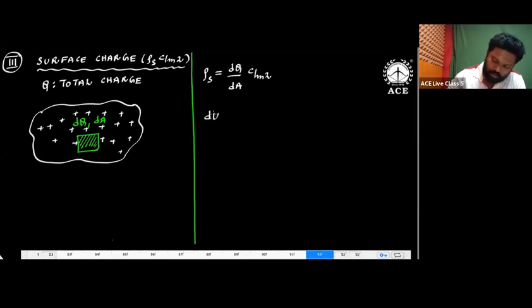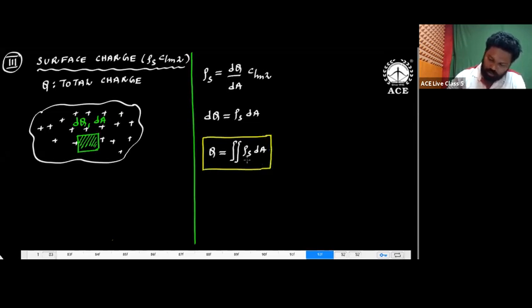So here dq is equal to rho s into dA. For total charge, you need to perform surface integral of rho s into dA. Always you need to convince yourself with the help of units. What are the units for this one? Coulomb per meter square multiplied with the meter square. Here it is the coulombs.